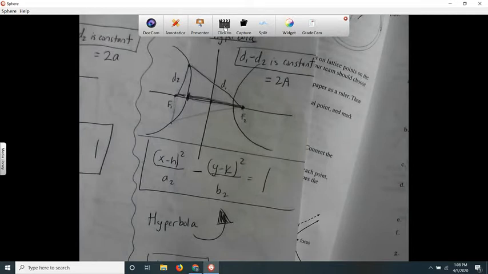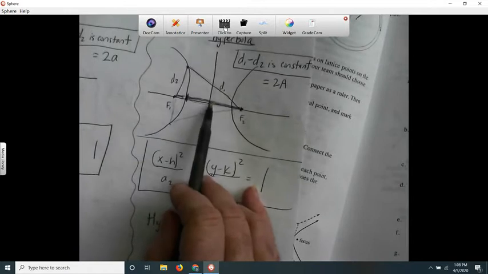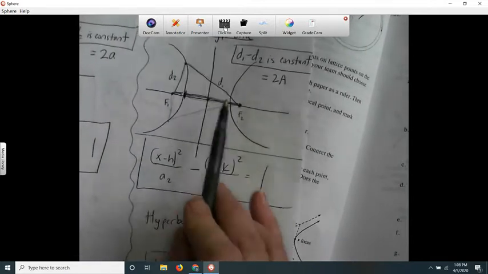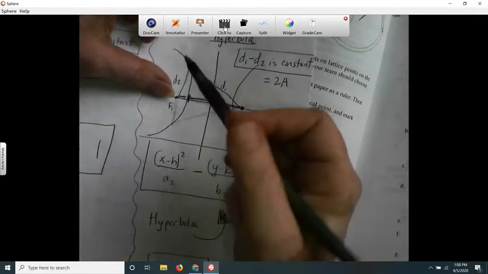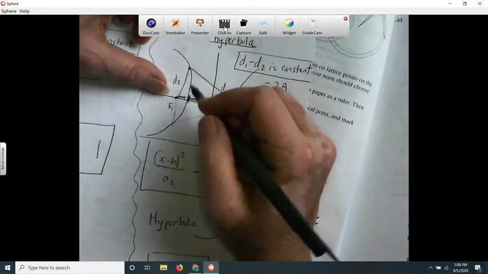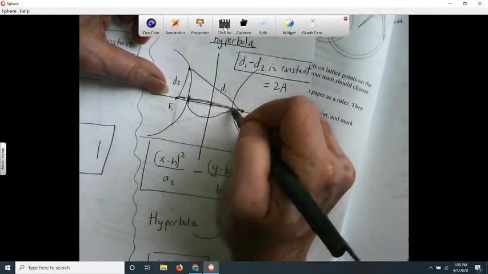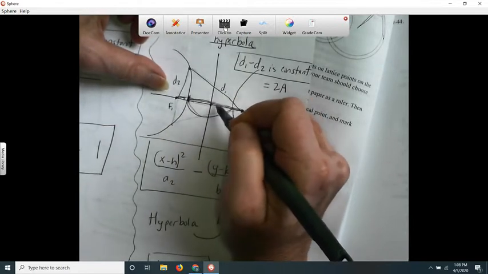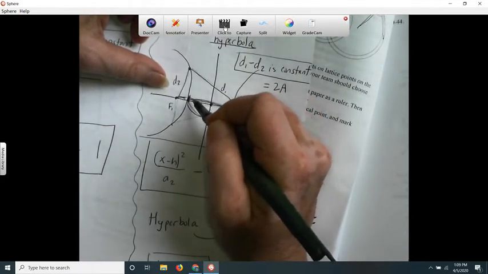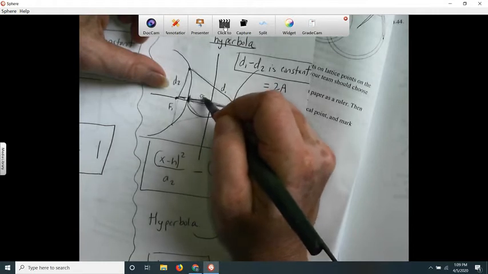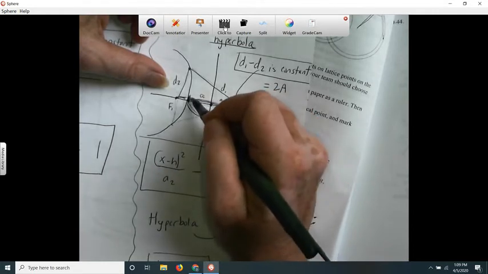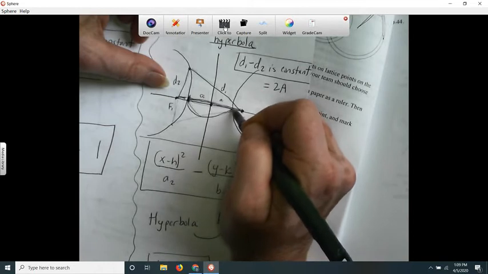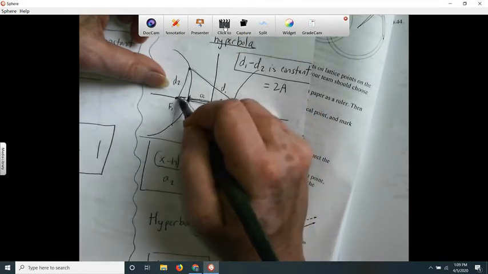Now from here to here is, oh, I see how I can do it. Okay, here's how I can convince you. From here to here is 2a, right? Because from there to there is a, and from there to there is a. That's a, and that's a. So from here to here is 2a, right? See this little piece right here?